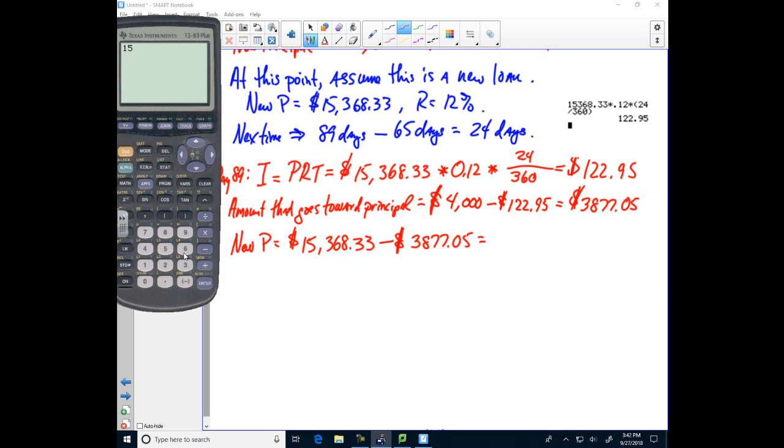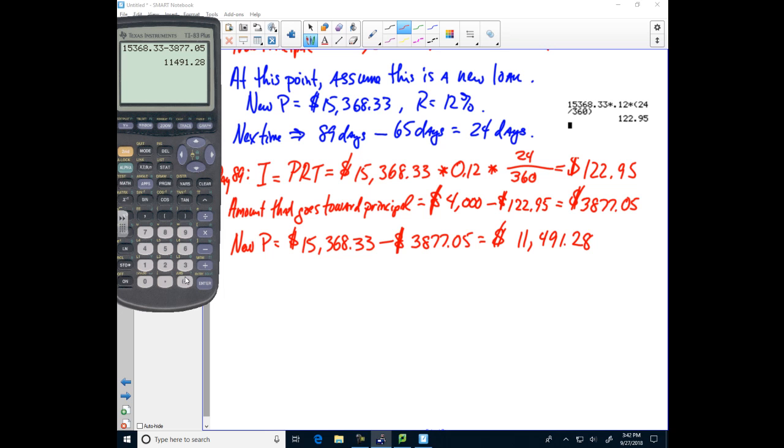So 15,368.33 minus 3,877.05. $11,491.28.